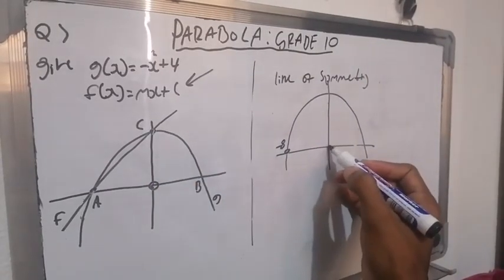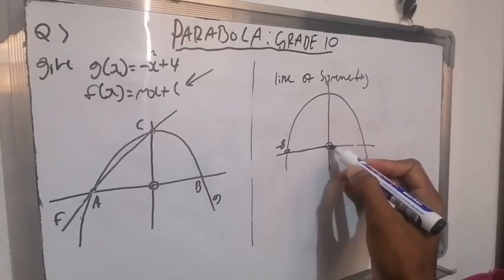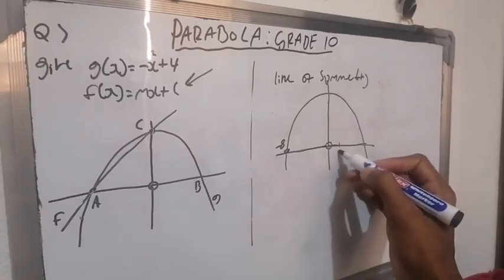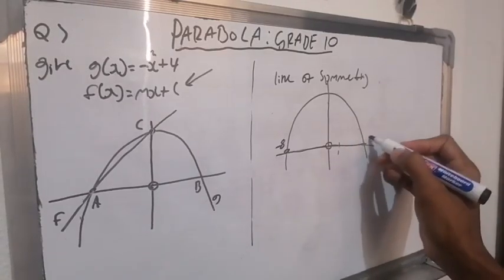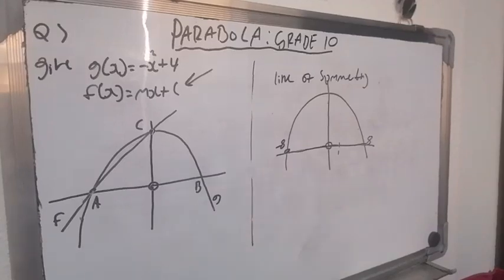So if we have 8 units from 0 to the left, you should have 8 units again to the right. On this side you have the positive numbers, so you're going to have a positive 8 on the other side. So there's no need to struggle.